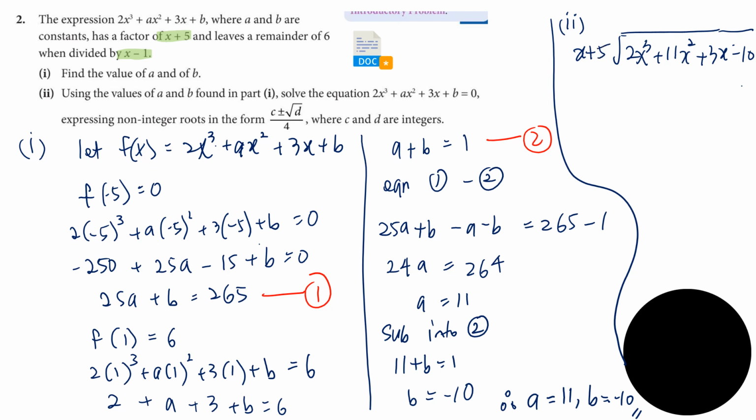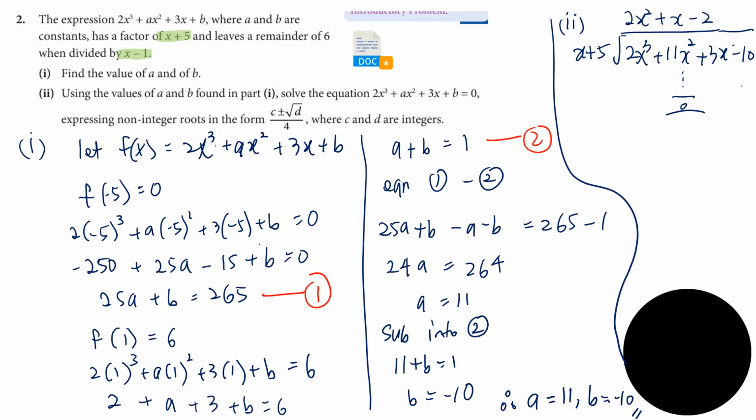Okay, once you have done your long division, you should get 2x squared plus x minus 2. So therefore, they say you want to solve this, right?